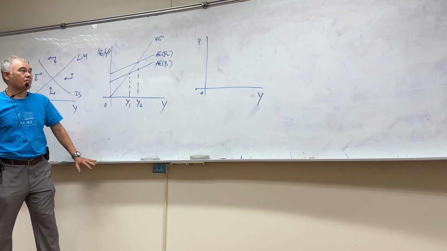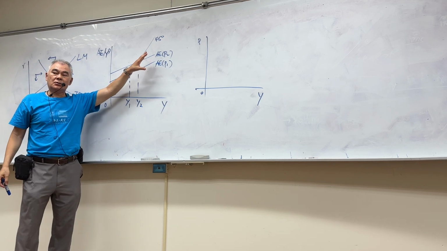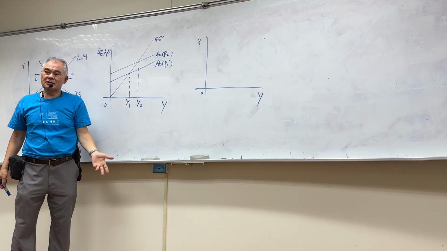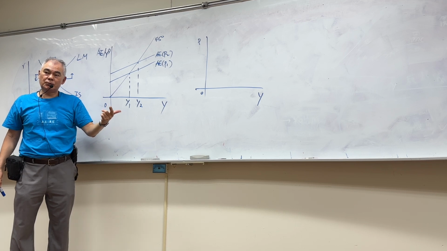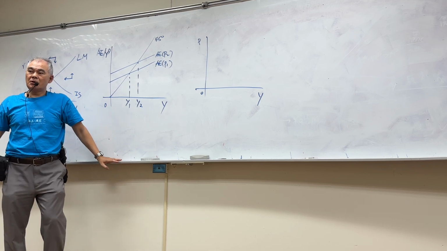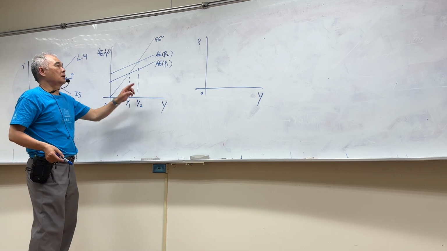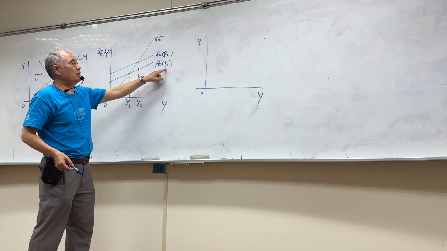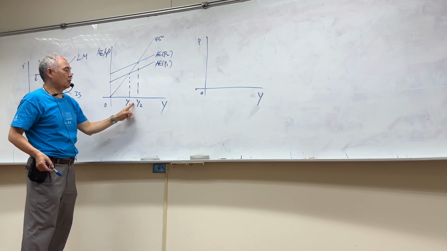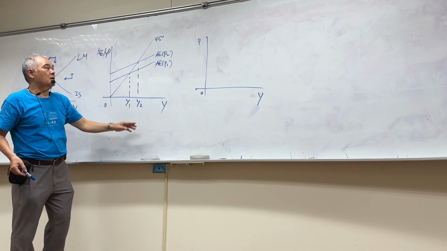Supposedly, these two aggregate expenditures are the same, but we have two price levels. So when the price goes up, the real output is going to go down. In this case, you have P1 here and P2 here, and Y1 here, Y2 here.